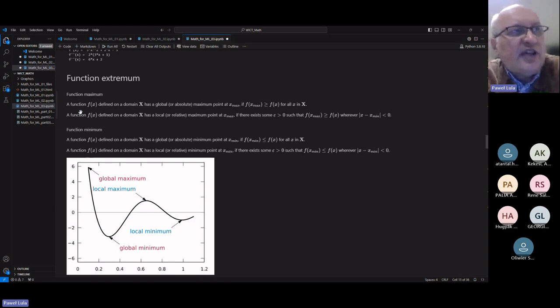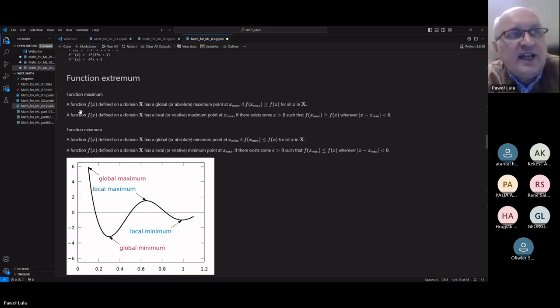A function f defined on a domain X has a global maximum point at the point x max if the value of this function at this point x max is greater or equal to all other values of this function.